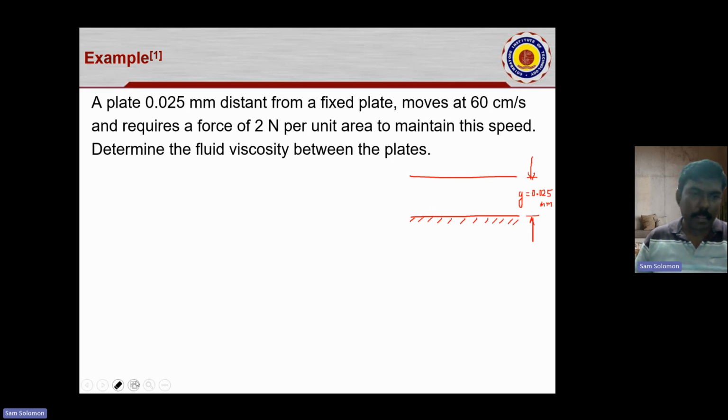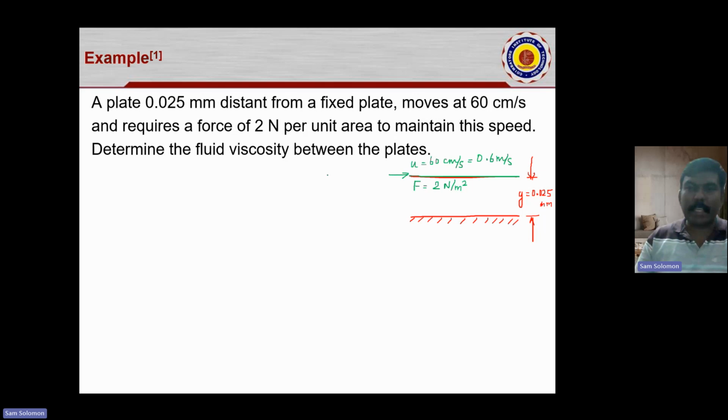This plate here moves with a velocity of 60 centimeter per second, or we can call it 0.6 meter per second. And it requires a force, the force that is applied over here. So that is 2 Newton per unit area. So determine the fluid viscosity between the plates.